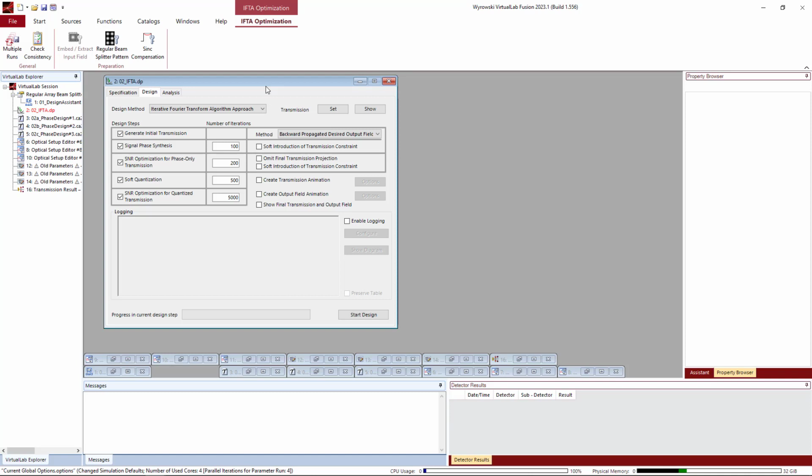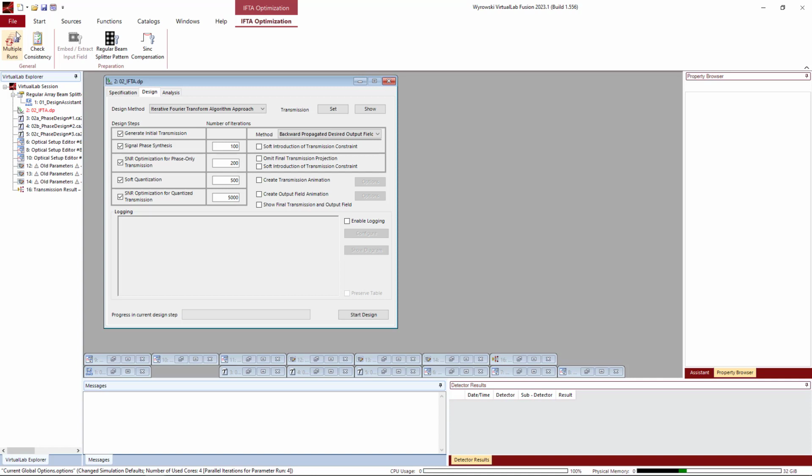And once again, this would be generated in a pre-configured state after filling in that wizard previously. And this IFTA document allows us to perform multiple runs. Because there is a certain randomization in the process, each time we perform a design with the Iterative Fourier Transform algorithm, we're going to get a different result.